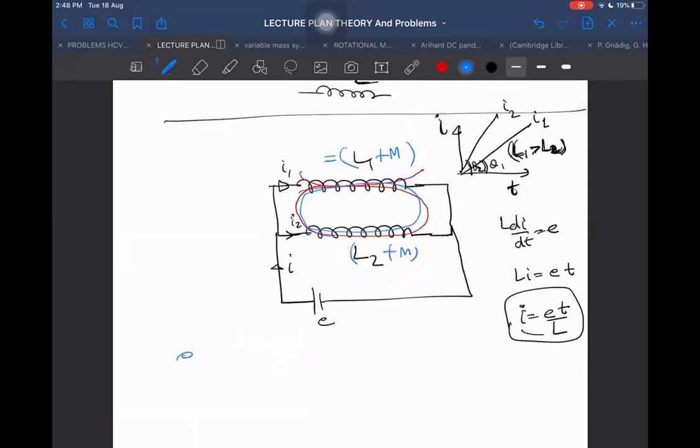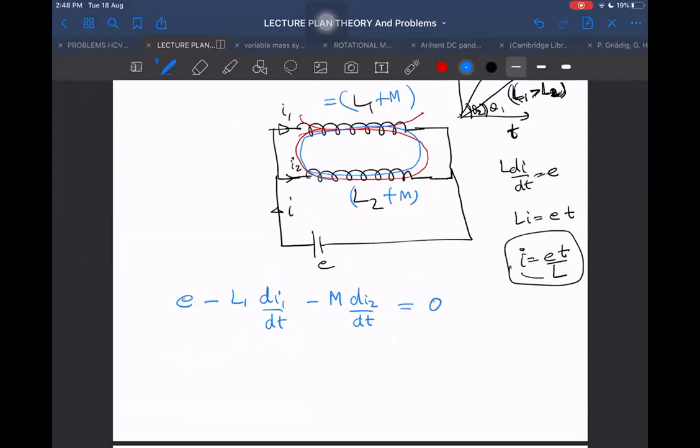For the first circuit, it will be E minus L1 into di1 by dt, but they are supporting, so it will be minus M into di2 by dt, equal to 0. And another one is E minus L2 into di2 by dt minus M into di1 by dt, equal to 0. That is the second one.